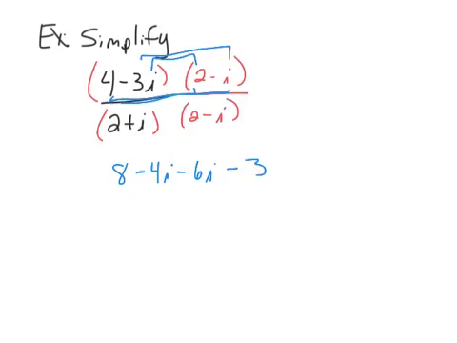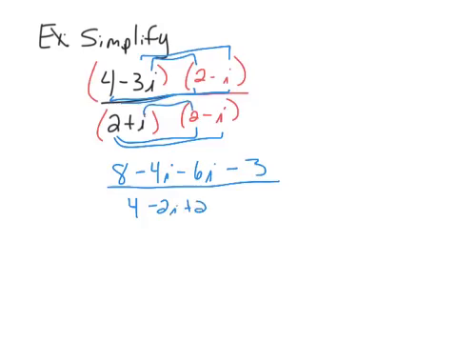Yep, that's the numerator. And then the denominator, 2 squared is 4. 2 times negative i is minus 2i. i times 2 is plus 2i, so my imaginary numbers are going to add to 0, and then finally i times negative i is negative i squared, and that turns into positive 1.